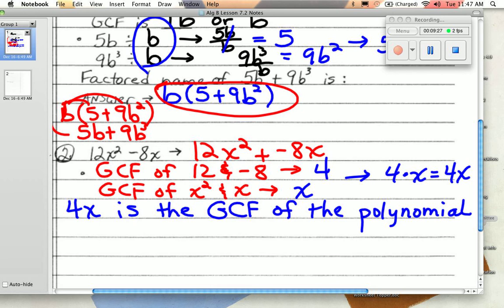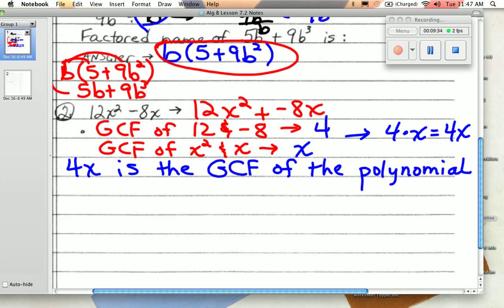We're not just finding the GCF today. Now we're using the GCF to help us factor this polynomial. So the next thing that we're going to do is we're going to actually divide both of them by that.